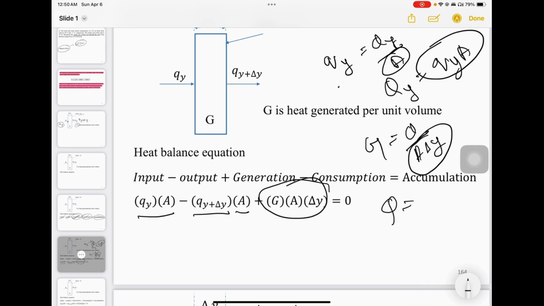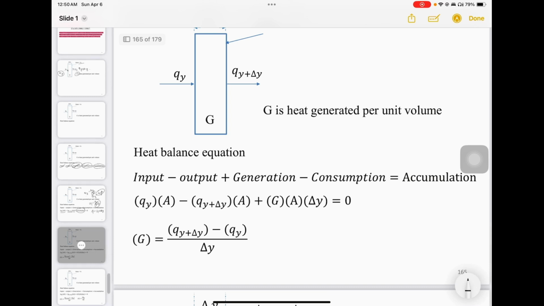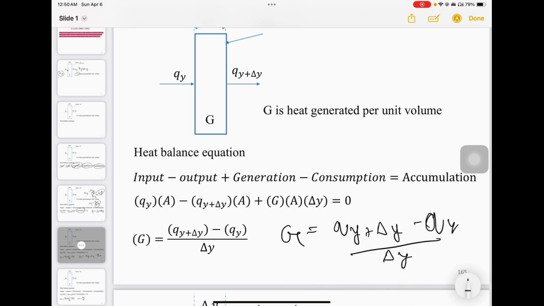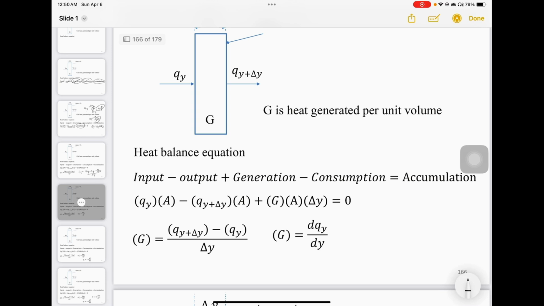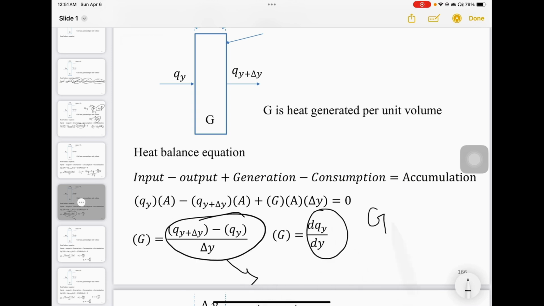So rate will be equal to generation into volume. So G will be equal to Qy plus delta y minus Qy by delta y, which came into the differential form. Therefore, heat generated per unit volume will be equal to dQy by dy.